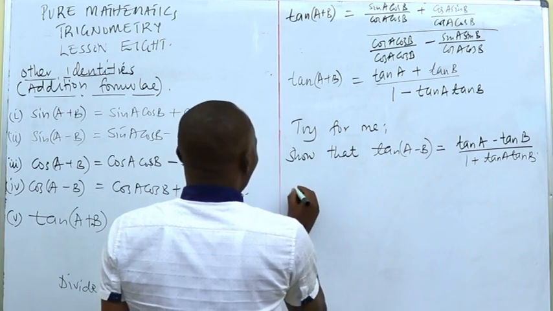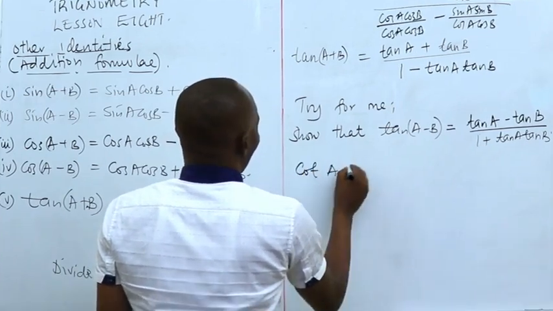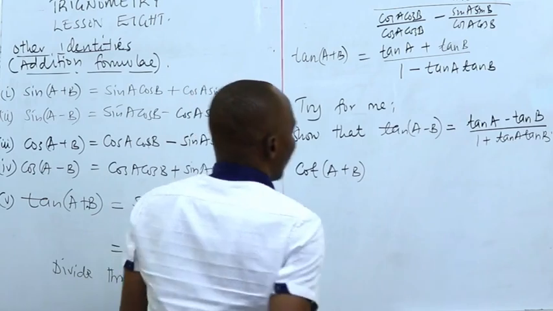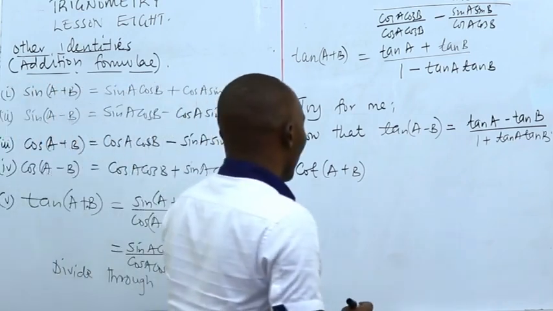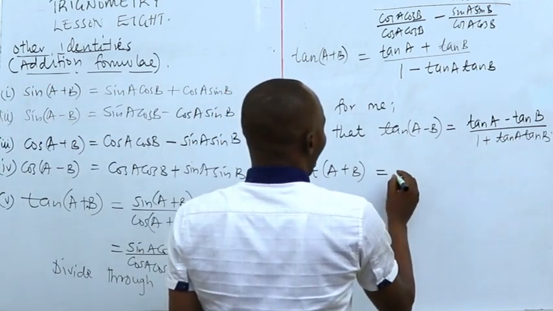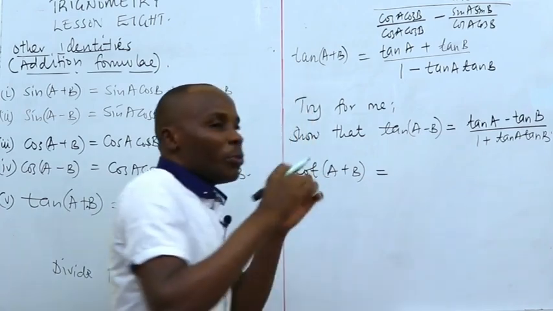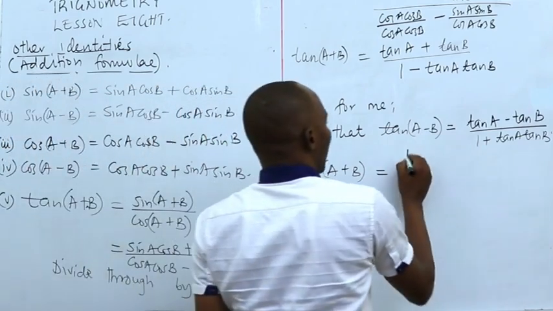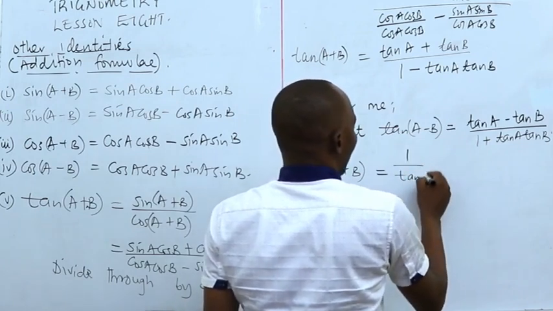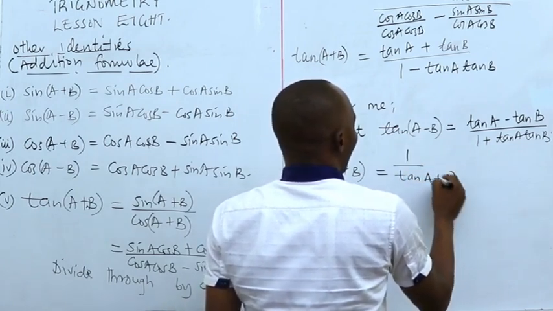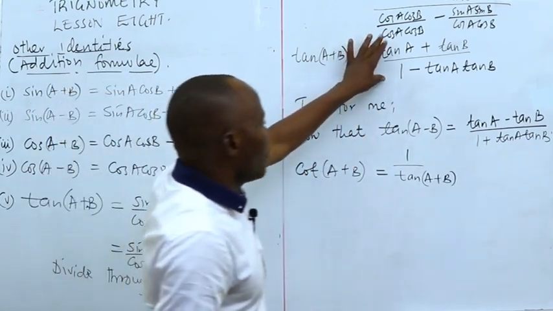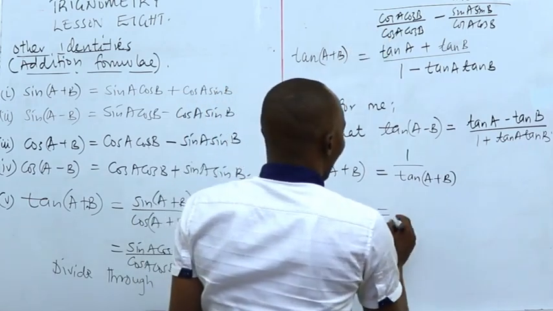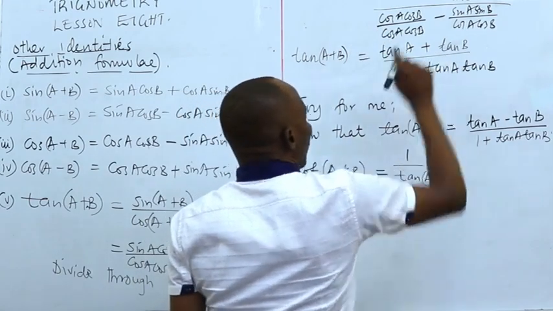Now, what if you have cot of A plus B? Cot is the reciprocal of tan, so you can take it as 1 over tan of A plus B. Now, if it is the reciprocal, I can just take the reciprocal of what we have.